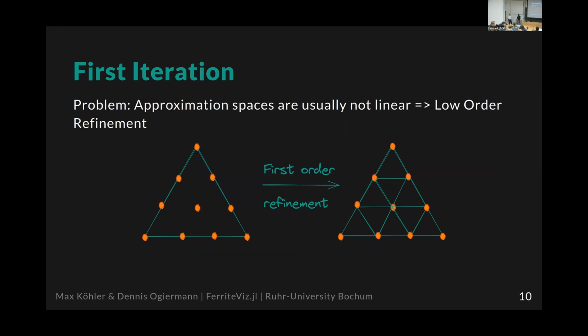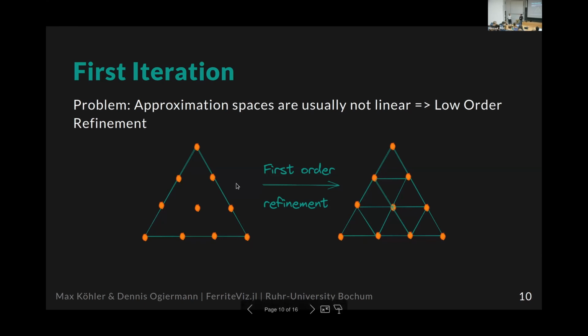So in our first iteration, we thought, okay, maybe we find a simpler approach for nonlinear fields. Here we have, for example, an order 5 triangle. And we know from the theory that we can find a lower order refinement of our field, which still has the important information.